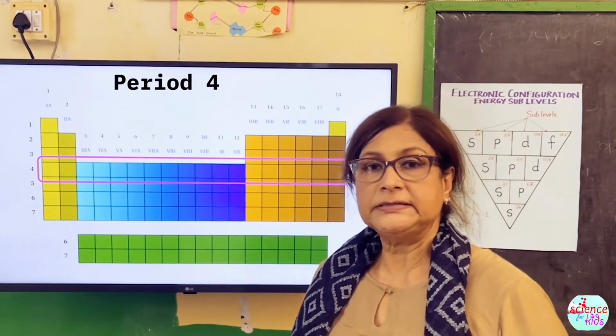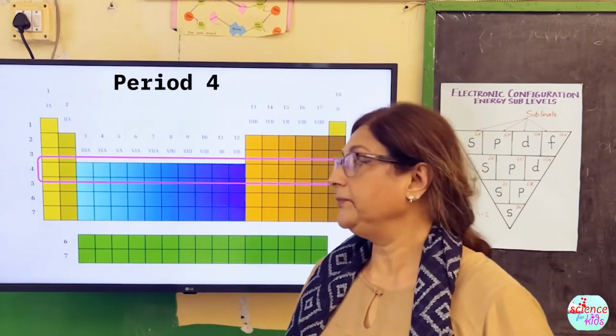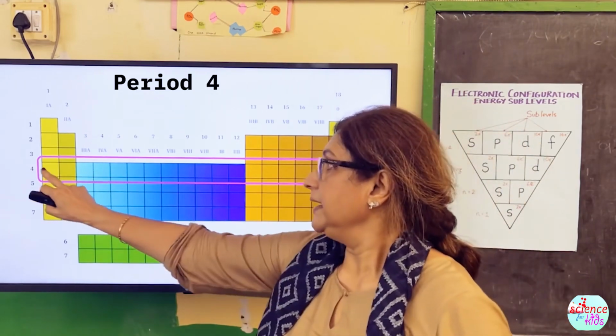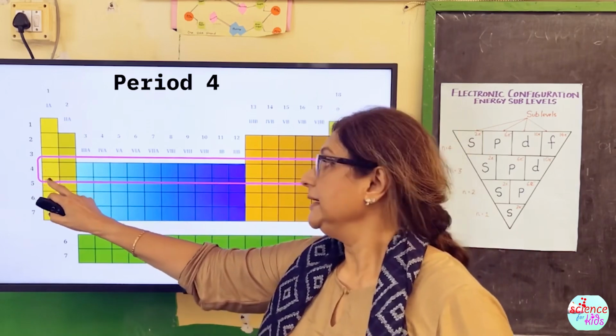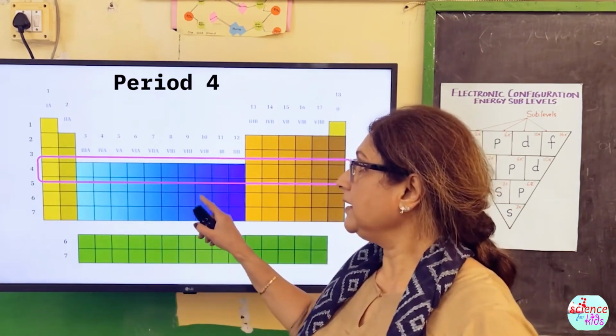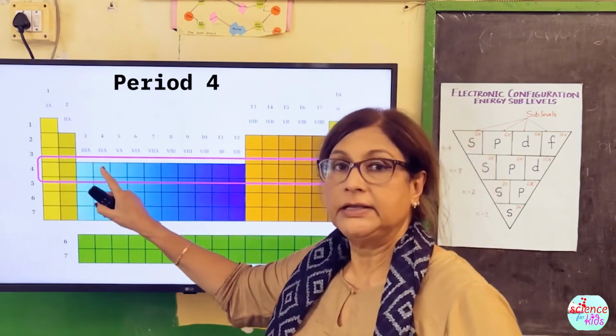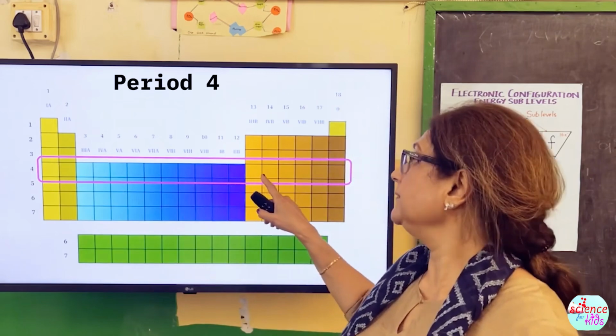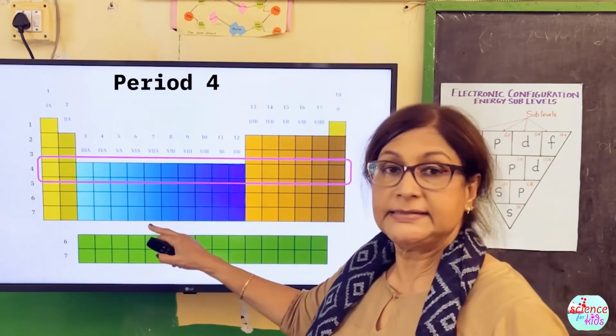What is the Aufbau principle? That I will talk about a little later in the video. So the rule for D block is 4s, then it will be n minus 1. So when we come to D block, it will be 4s, 3d, and then again after crossing D block, it becomes 4p.